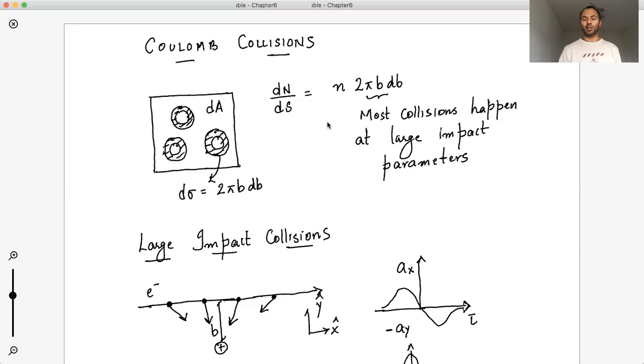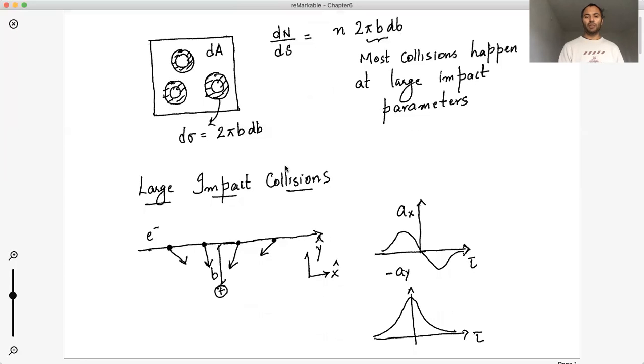But we'll get to that eventually when we actually calculate the energy emitted, and we can see which range of values of b are going to be the most important for the energy emitted. So for now, just take this as a given that most collisions are at large impact parameters, and those are the important ones. Those are the ones we are going to study, and that's going to lead us to some simplifying assumptions.